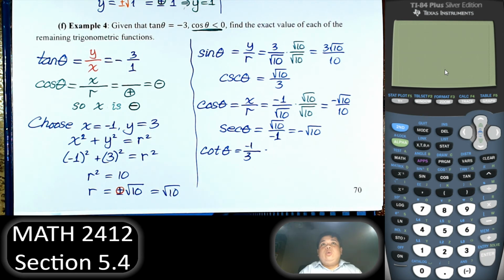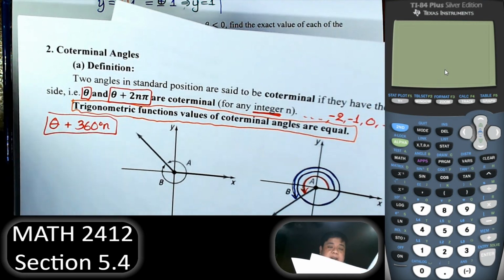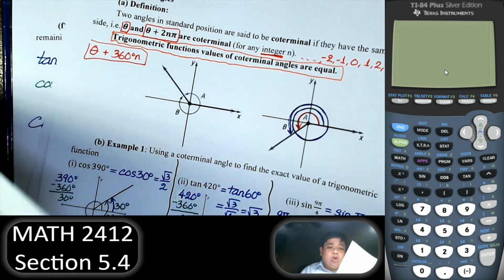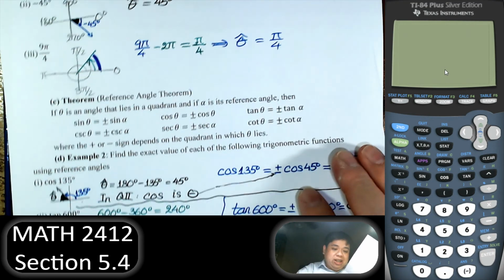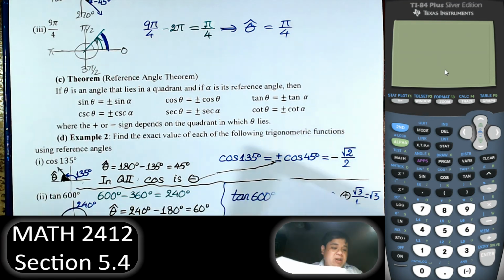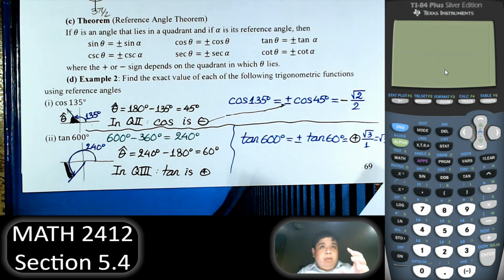So as long as we have x, y, and r, we can have all 6 trigonometric functions, and that's the emphasis here. Of course, we also have coterminal angles and reference angles. That will help us simplify any big values like this. We go to the coterminal angle first.